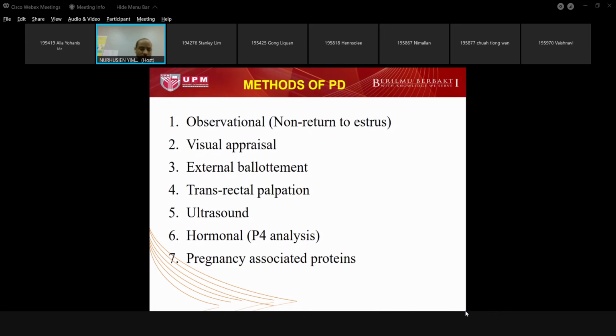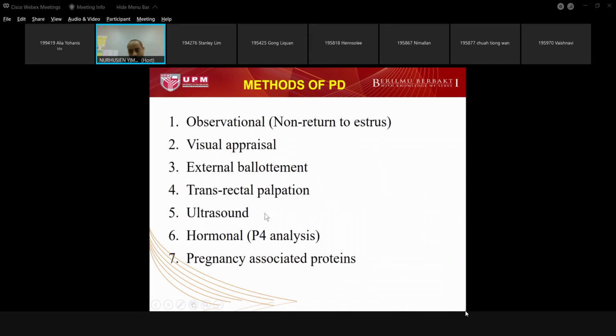These are some of the options that can be applied to diagnose pregnancy in animals. One is obviously observational, non-return to estrus. Then we have visual appraisal, which is something you can observe from a distance, looking at the different changes in the body. Also we have ballottement, right? Then we have transrectal palpation, particularly for large animals.